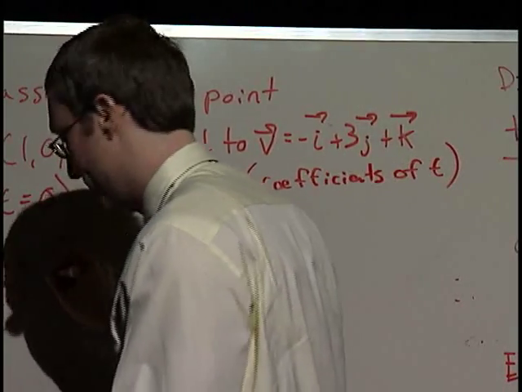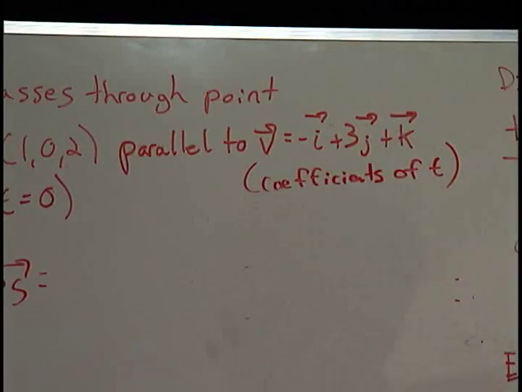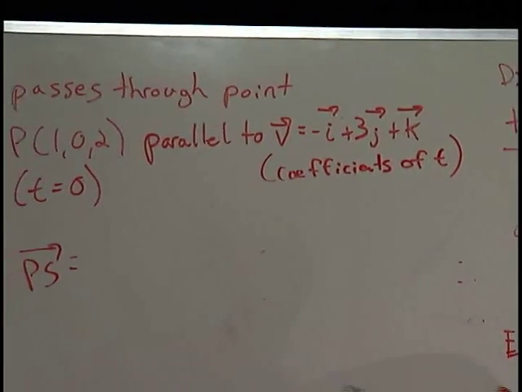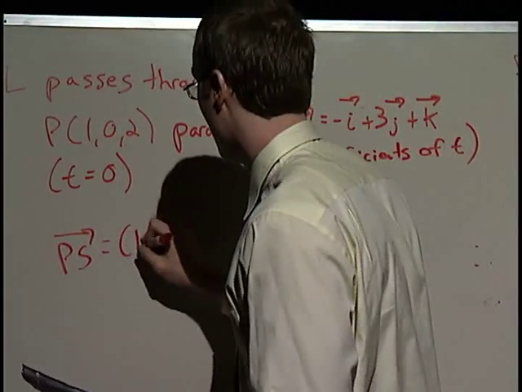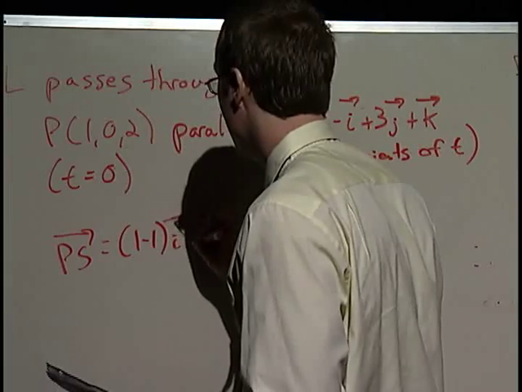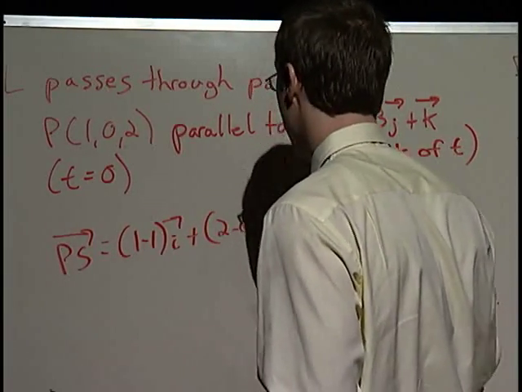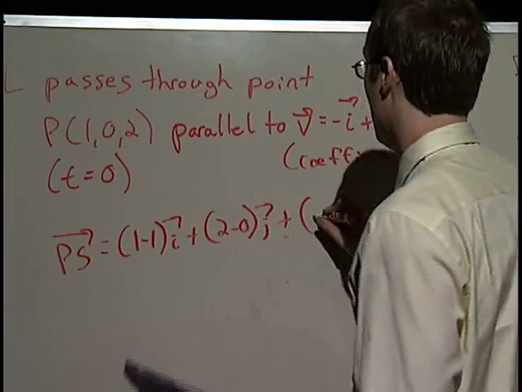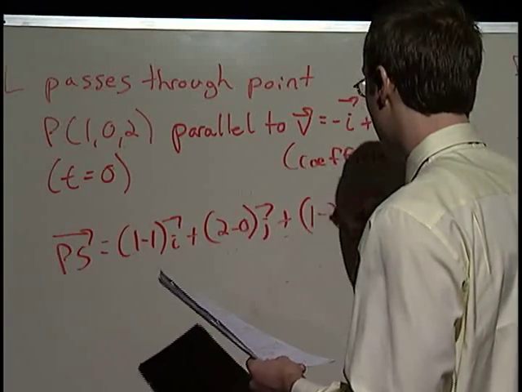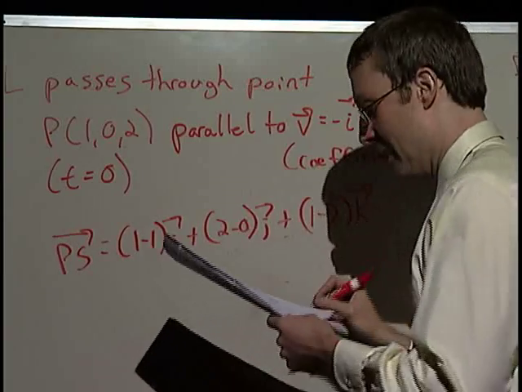We need the vector PS. Well, that's pretty easy. We have P. Where's S? S is over here. So what have we got here? We got 1 minus 1 i plus 2 minus 0 j plus 1 minus 2 k.